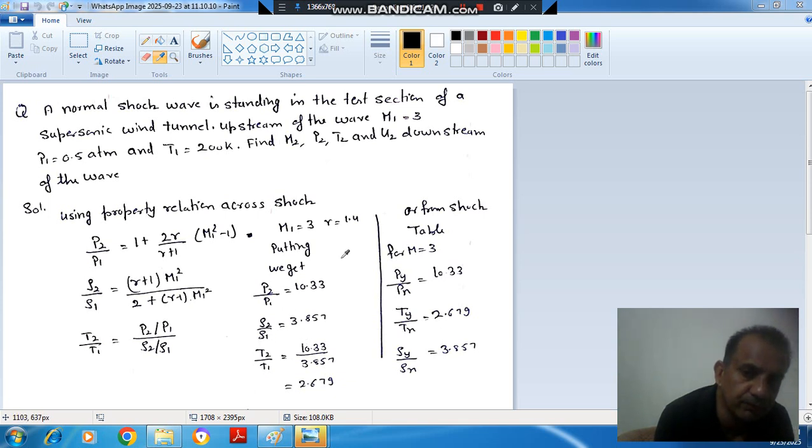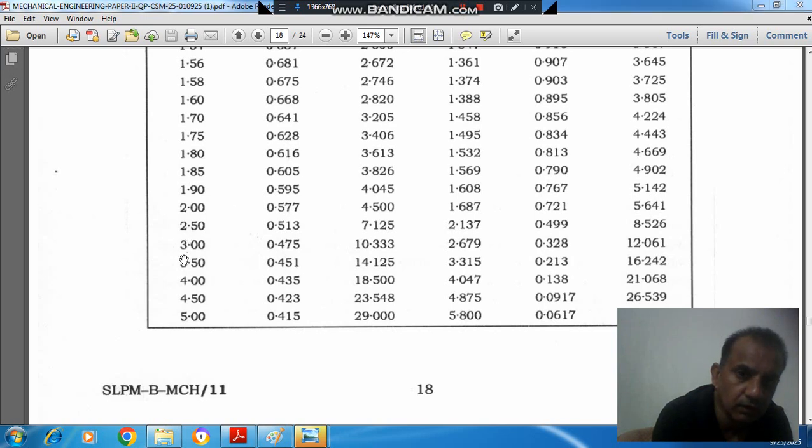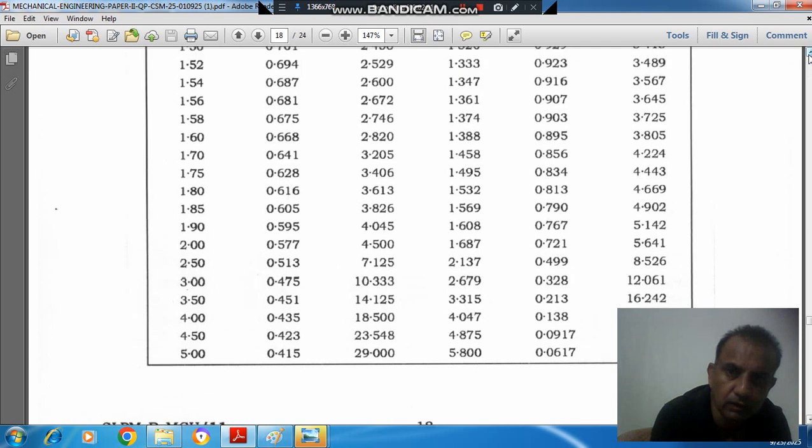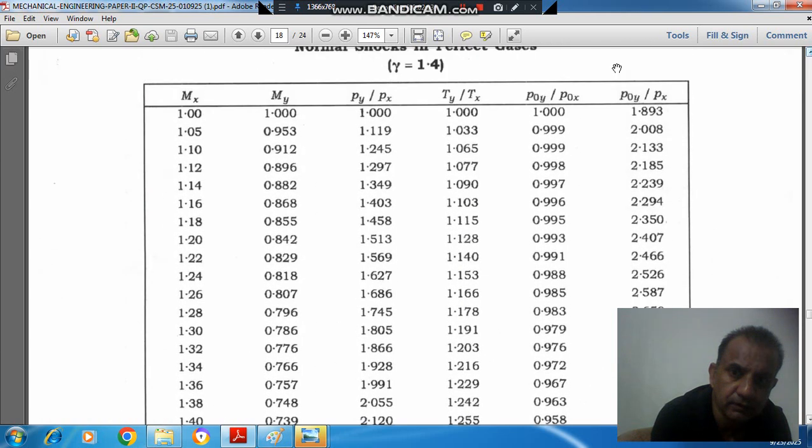So now we can see the shock table also to find out these properties. In the shock table corresponding to M is equal to 3, this is the pressure ratio and this is the temperature ratio. Third column is pressure ratio and fourth column is temperature ratio, and this is your Mx.